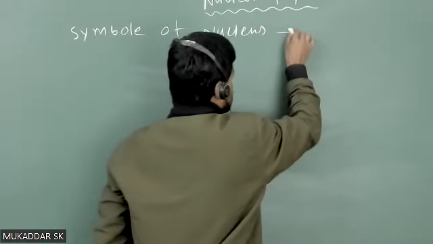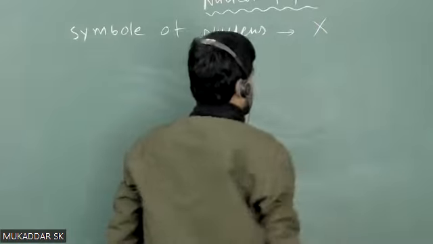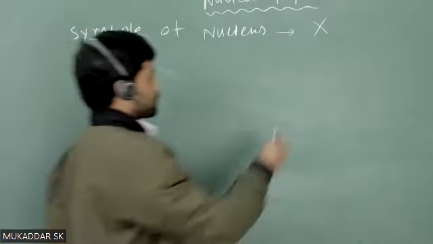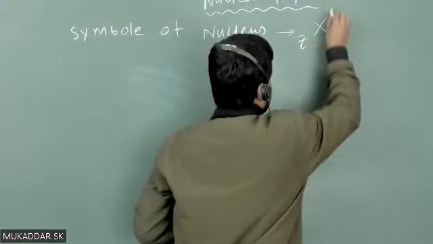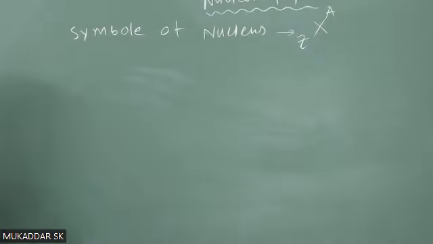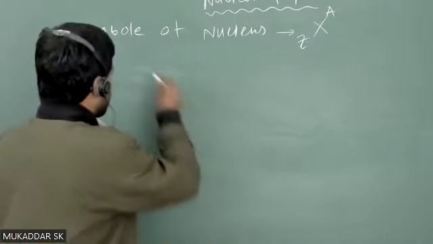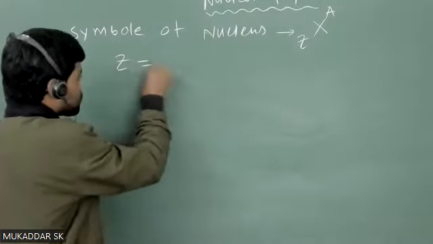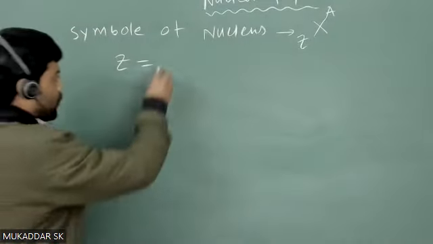Okay, so the nucleus is basically denoted by the symbol X with Z and A. This kind of symbol we basically use to represent a nucleus, where Z is called the atomic number.